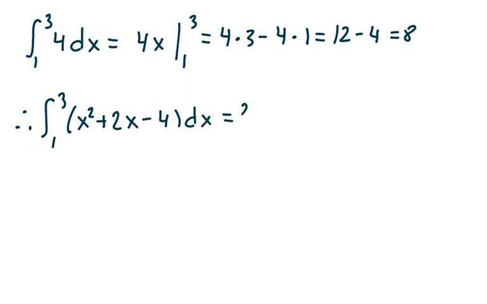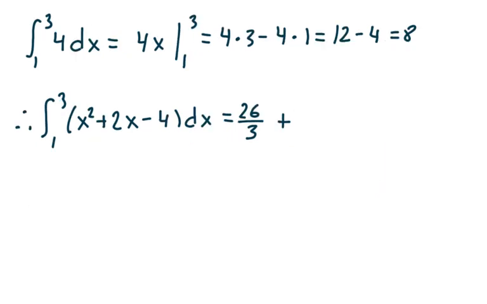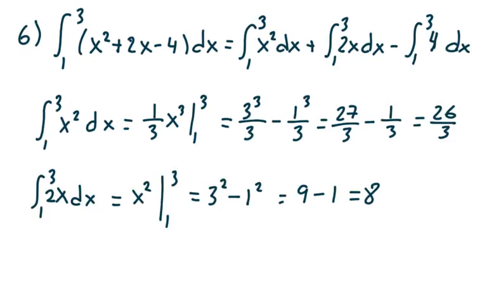So I get 26 thirds plus, now the second one is 8. Okay? And then I subtract 8. So do you guys understand what I'm doing? In other words, I'm taking the first number here.